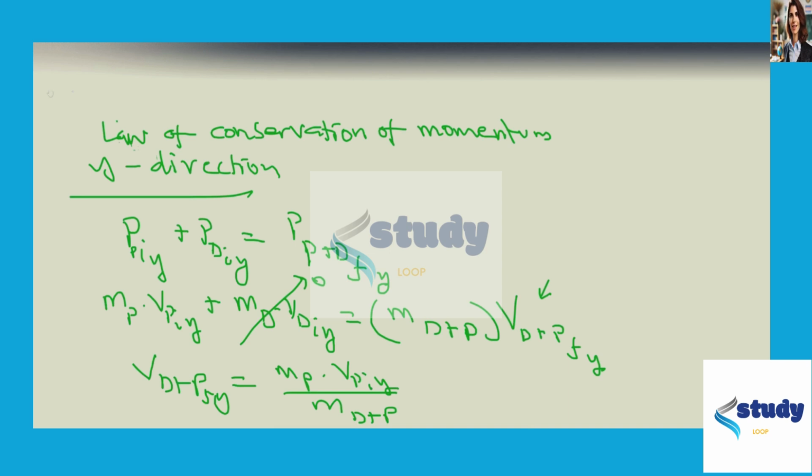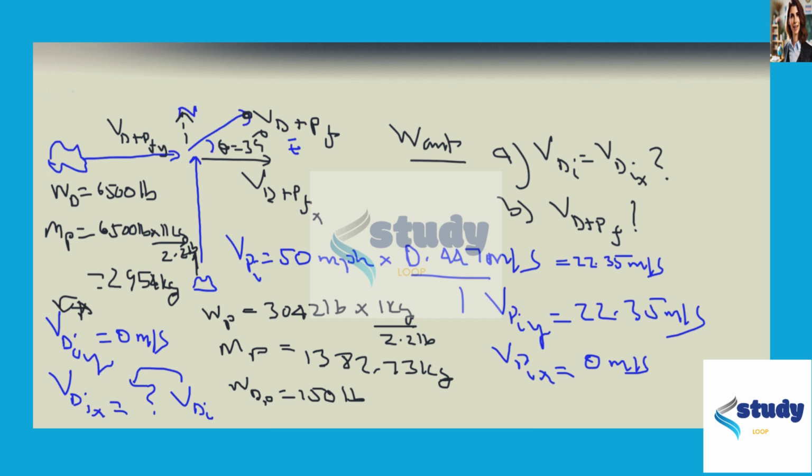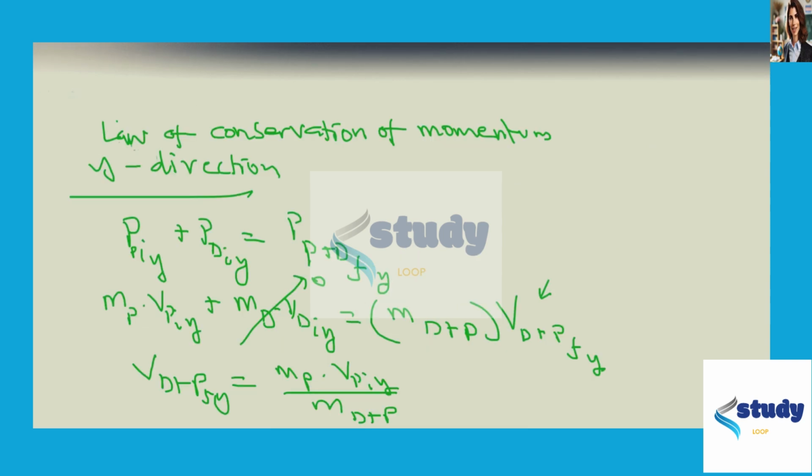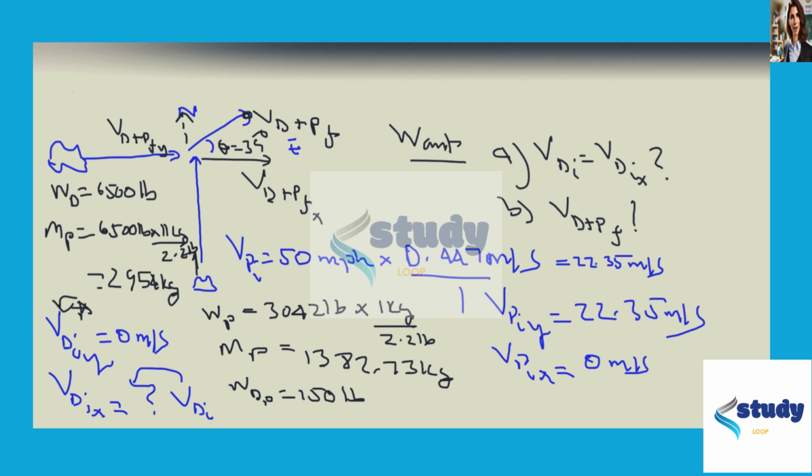So the mass of the Durango is 2954.55 kilograms.